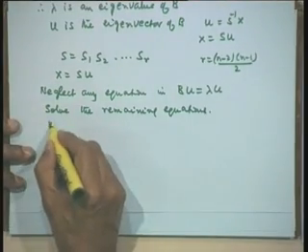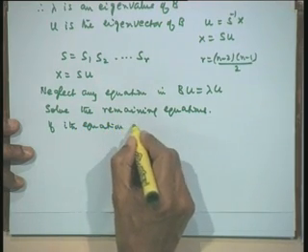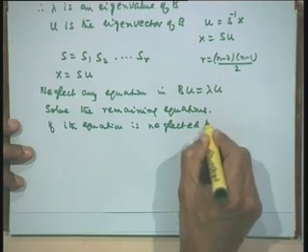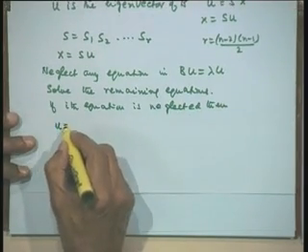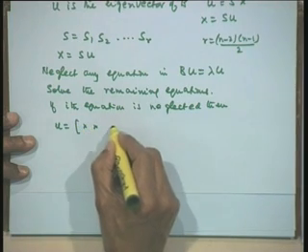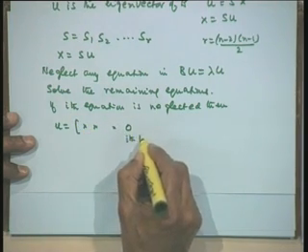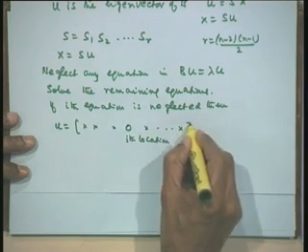So, if the ith equation is neglected, then u is equal to the elements that we have got and 0 in the ith location and the elements that we have got over here.